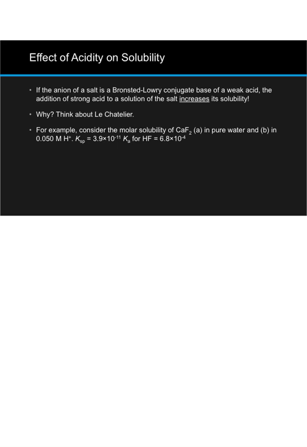It might seem intuitive to you that adding an acid to something makes it more likely to dissolve. But why is that? Well, it turns out that if a sparingly soluble salt, something that doesn't normally dissolve fully on its own, has an anion that's a Bronsted-Lowry conjugate base of a weak acid, the addition of a strong acid to that solution increases the solubility of the insoluble compound.